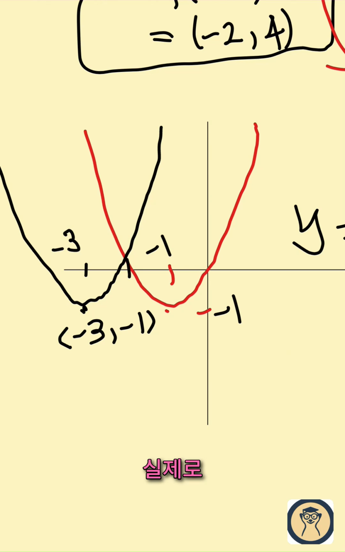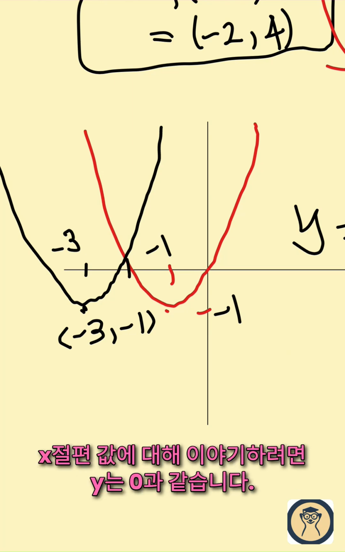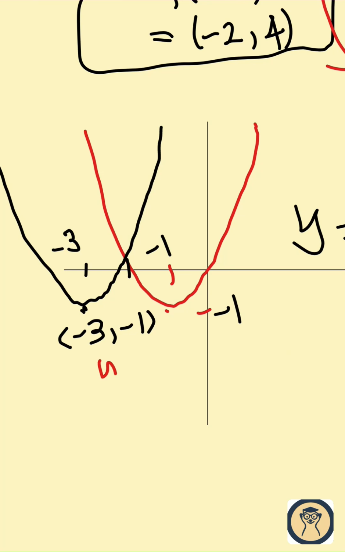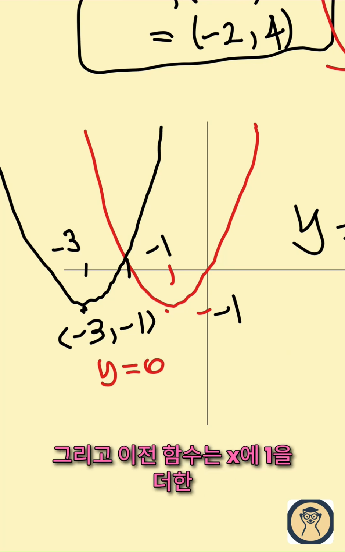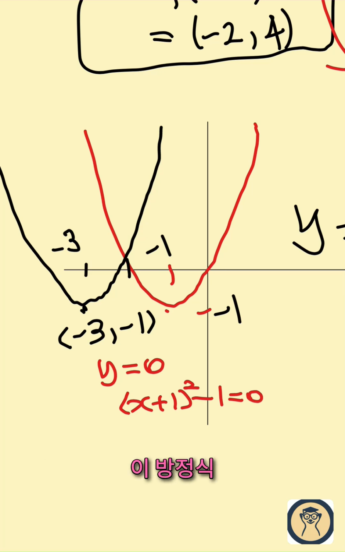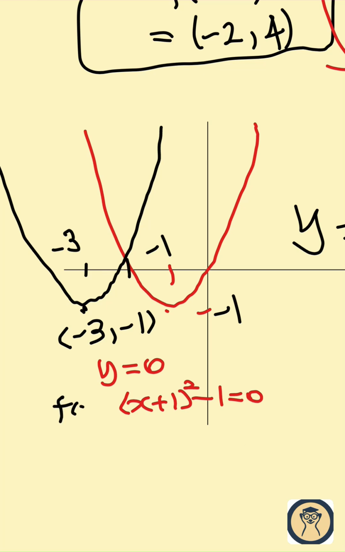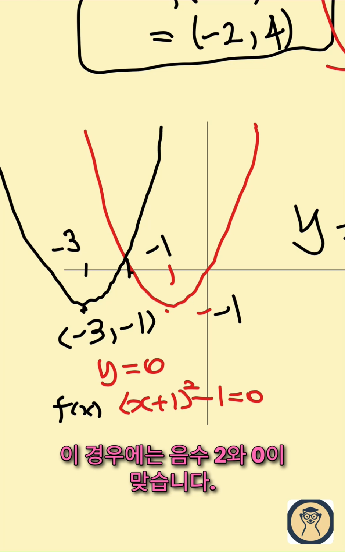Yeah, so in this case, what has been changed is, if we talk about the x values where these two functions intercept the x-axis, which is y equals 0, we usually put y equals 0. The previous function was (x + 1) squared minus 1 equals 0. What is the root of this equation for f of x? In this case, it was negative 2 and 0, right?